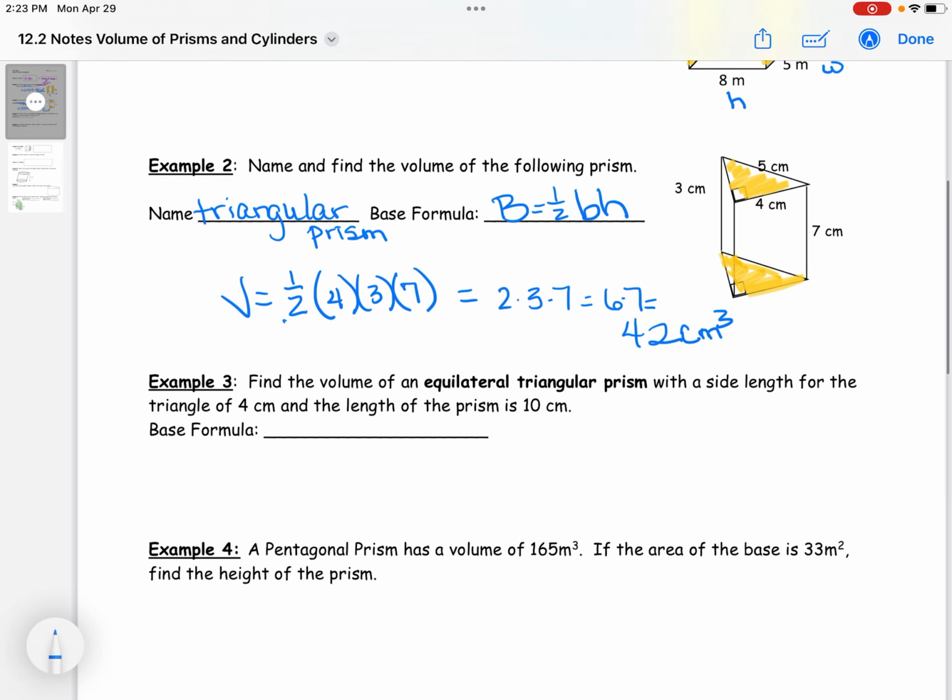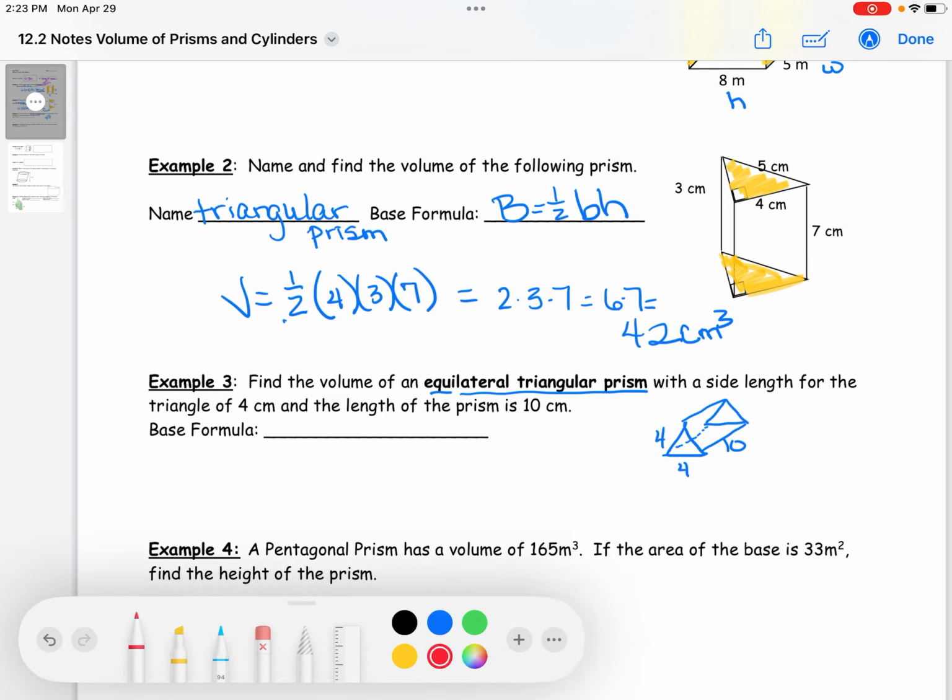Okay. Got the same thing going on here, except my triangle on the bottom is equilateral, which I don't know how good I am at drawing equilateral, but there you go. Okay, so the triangle is 4 by 4, and the prism is 10.